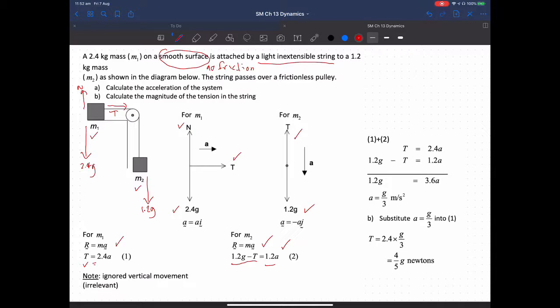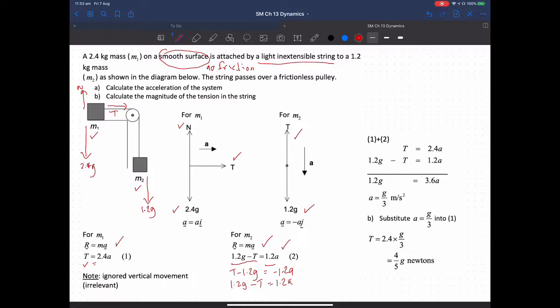What I did in that step was I knew T minus 1.2 g equals negative 1.2 a. Because of the direction of motion, I then multiplied through by a negative and got 1.2 g minus T equals 1.2 a. Of course, if you know that is the case, you could skip straight to the step, as I did.